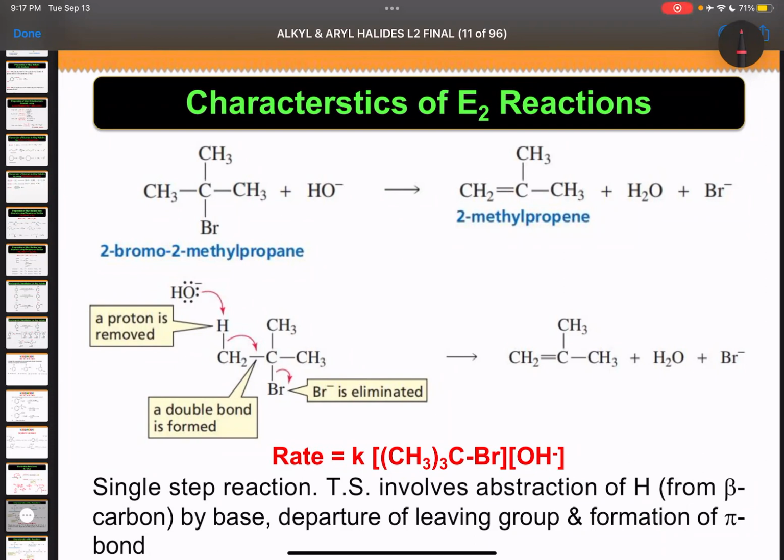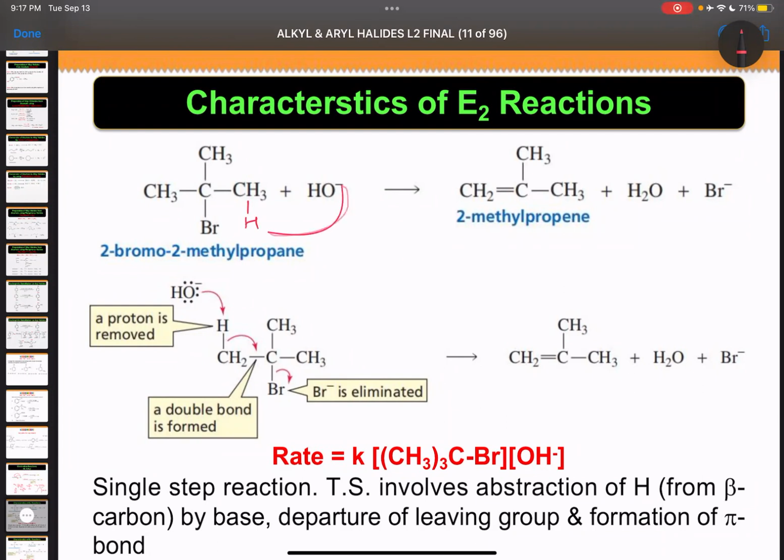Okay. So in elimination, what is happening? The base is coming. It is removing the H plus from the carbon atom adjacent to the carbon atom bearing the halogen.